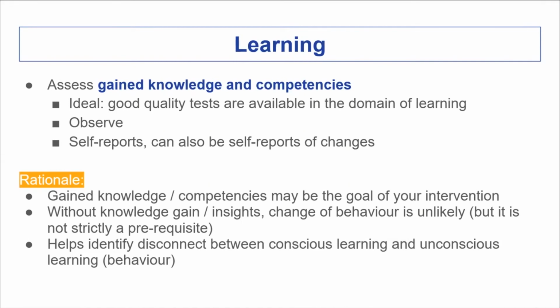You could simply train for very menial skills, but very typically we see here a connection. And in this case, if you're seeing problems at the level of learning, you could maybe identify a disconnect between the conscious learning and the unconscious learning that directs the behavior.